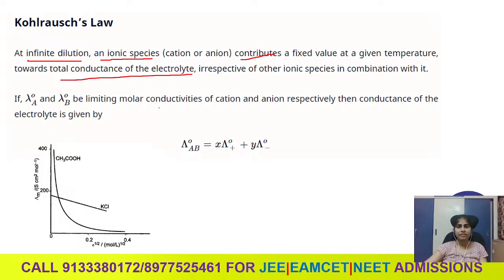We can see the ionic species conductance compared to the total conductance of the electrolyte, irrespective of the other ionic species in combination with it. You can see the definition here.